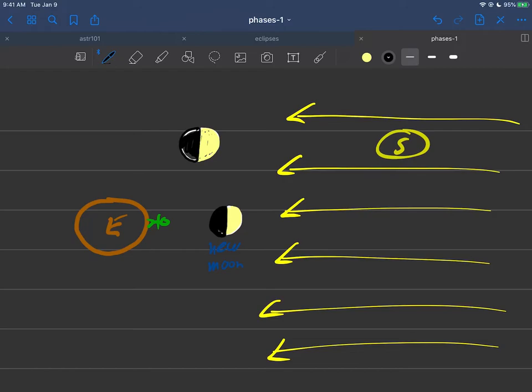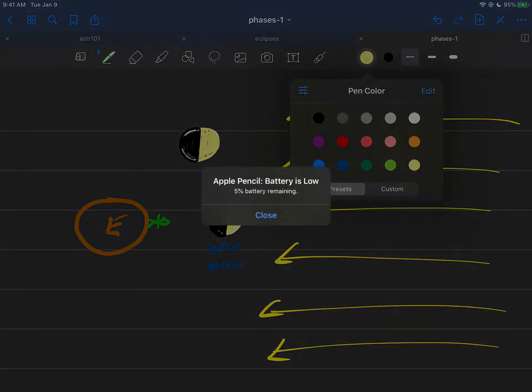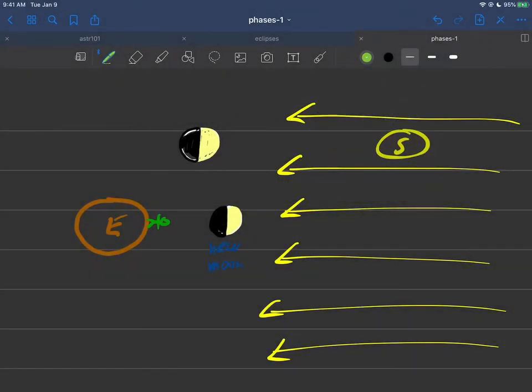Okay, and so now what the issue is, if you look up at the moon, what are you going to see now? Well, the way I like to draw these things, which I think works okay, is that if you look up now and you see the moon, you're going to see a lot of blackness here and just a little bit of light.